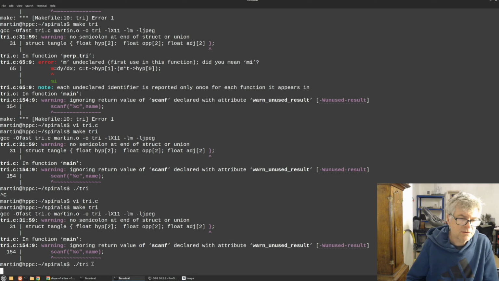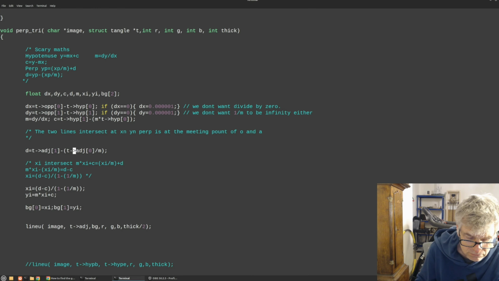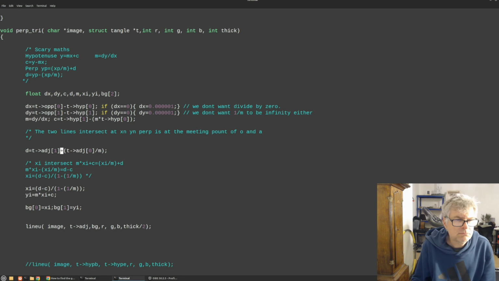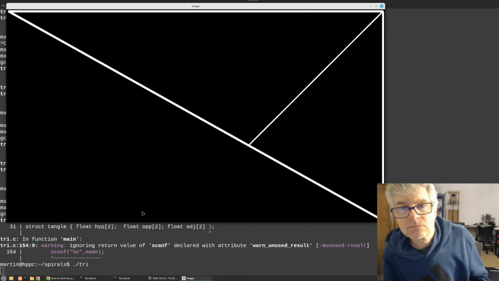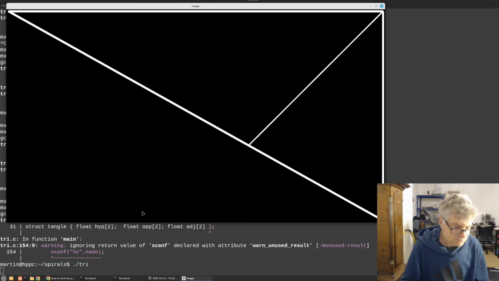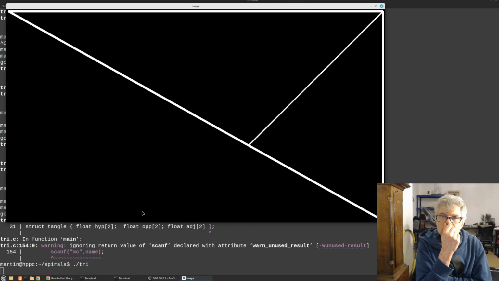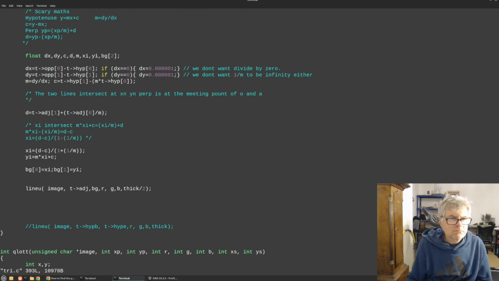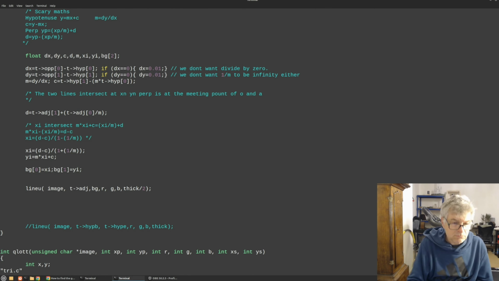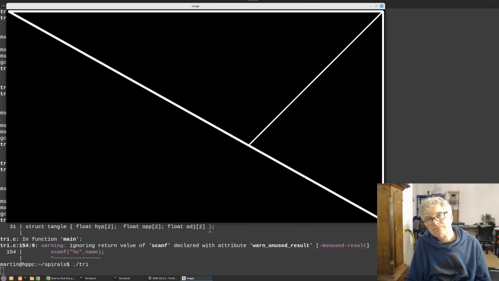Turn off the screen some direction. Now look at me. My head's going sideways because the perpendicular isn't quite perpendicular. What I've done here is I've made a mistake with the fraction underneath. It should have been m plus 1 over m, and I've put 1 plus 1 over m.